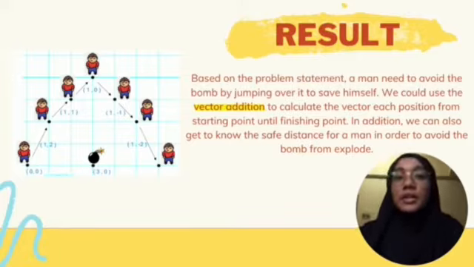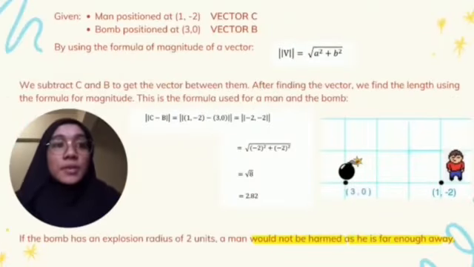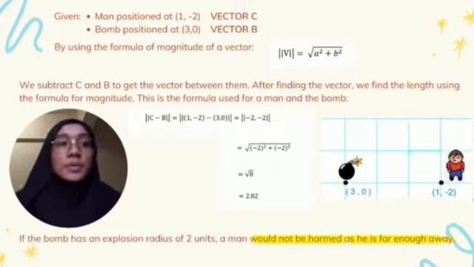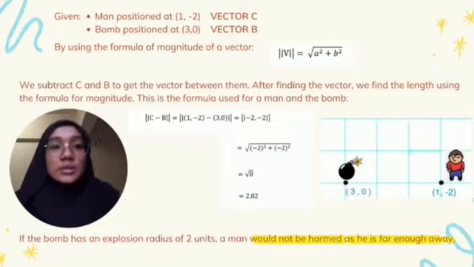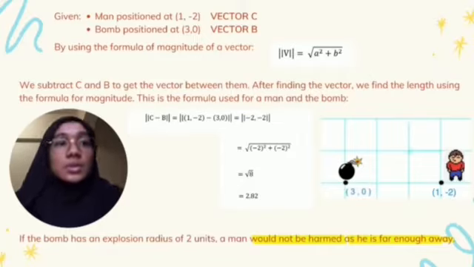In addition, we can also get to know the safe distance for a man in order to avoid the bomb from exploding. For example, given the man's position at coordinate 1, -2, we call it vector C, and the bomb position at coordinate 3, 0, we call it vector B. Then by using the formula of the magnitude of a vector, magnitude V equals the square root of A squared plus B squared.